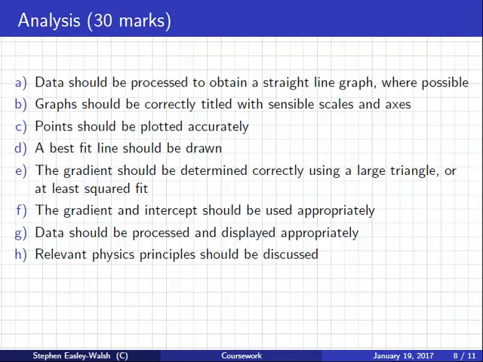From the formula. Exactly. So this is what I mean by discuss the relevant physics. Do you understand that? You can say something like, from the U, the V and the S, we can calculate the A by using the following formula: V squared equals U squared plus 2AS.